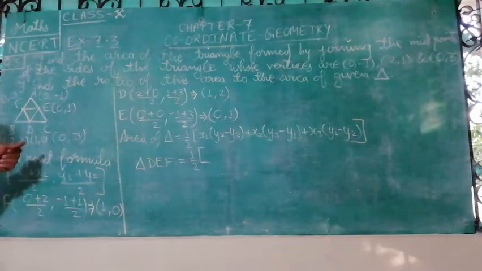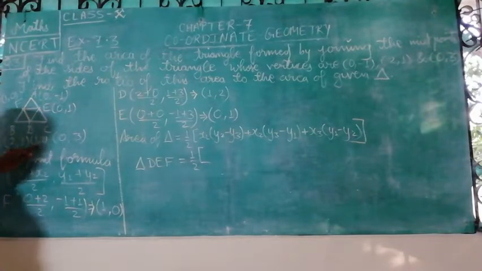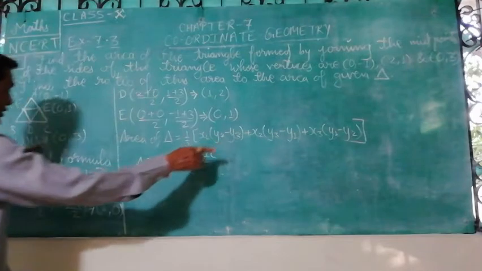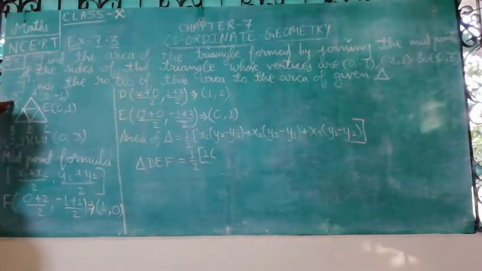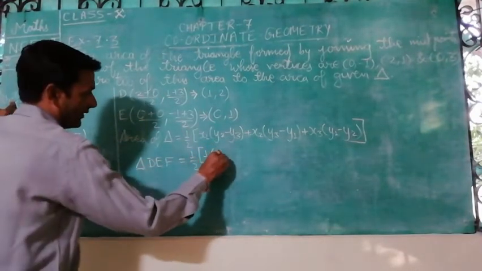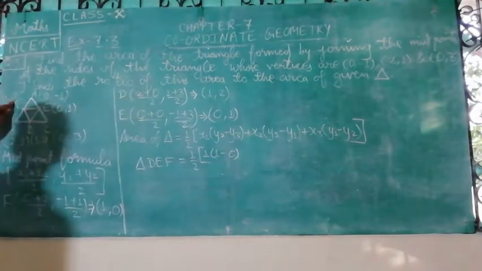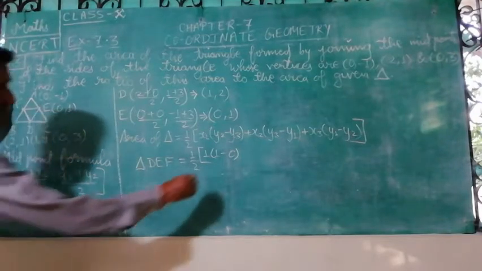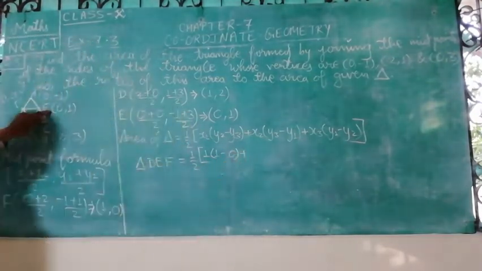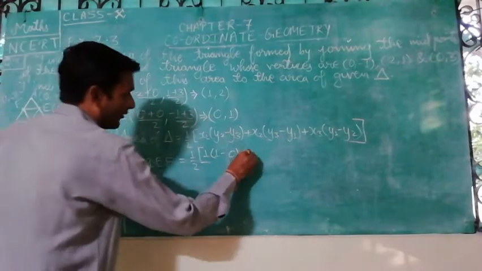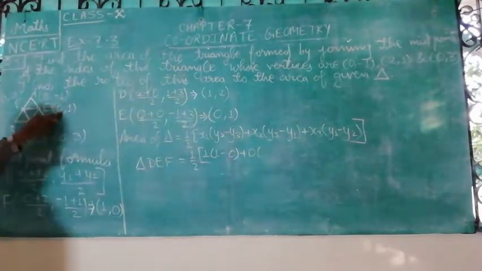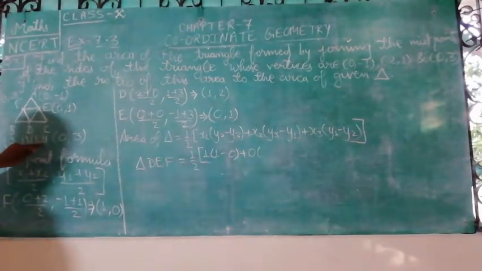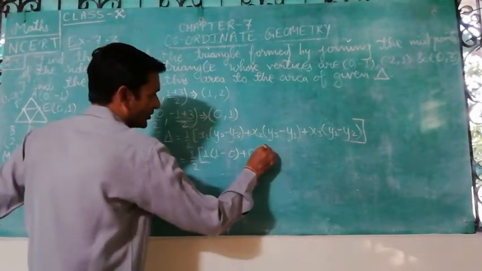So it will be x1, 1 into (y2 - y3), means 1 minus 0. You focus on that point where I am pointing. It is 1 into (1 - 0) and then plus x2. x2 is this E point, so it is 0 into (y3 - y1), that is 0 minus 2.